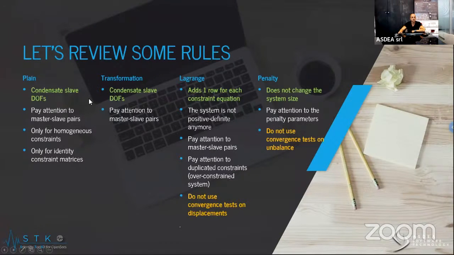But since you need to remove some of the rows, you need to pay attention in the multi-point constraints to the master-slave pairs. And I will show you with a practical example what it means. For example, if you choose a wrong master-slave pair, it will lead to different results or actually singularities.